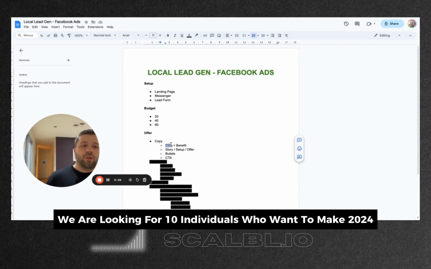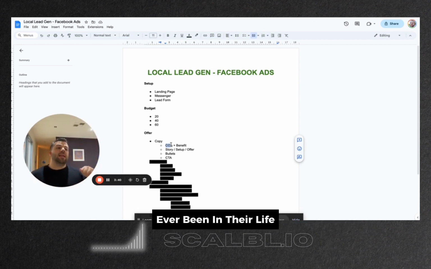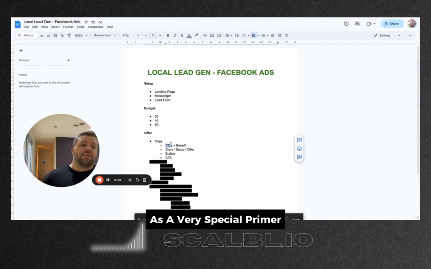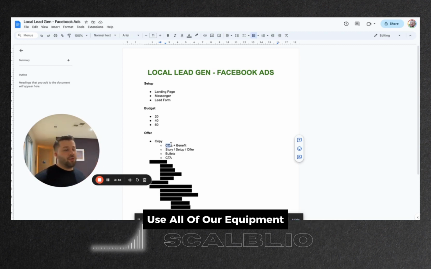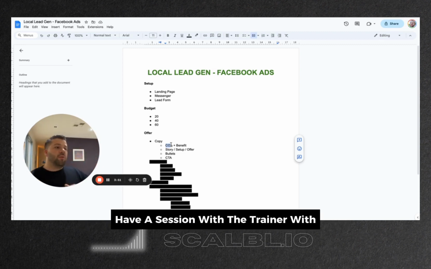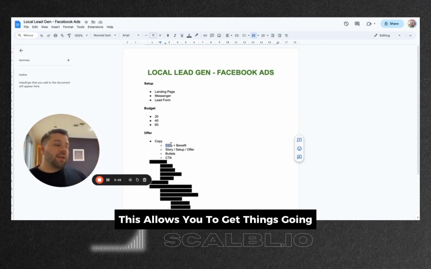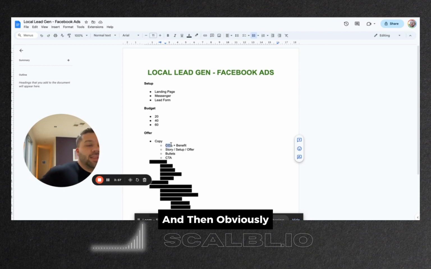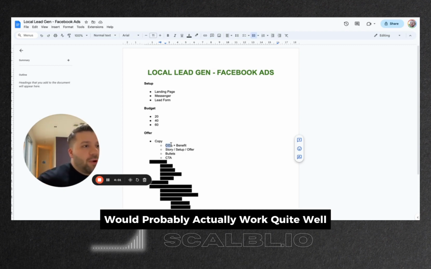We are looking for 10 individuals who want to make 2024 their best year yet and get in the best shape they've ever been in their life. As a very special promo, we are offering your first week completely free. This means you can train, use all of our equipment, and have a session with a trainer while paying $0 down." Something like that would probably work quite well.